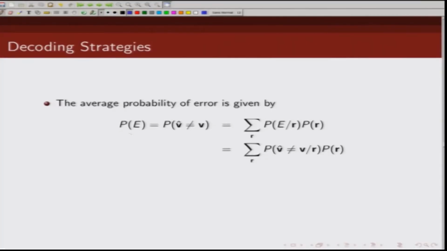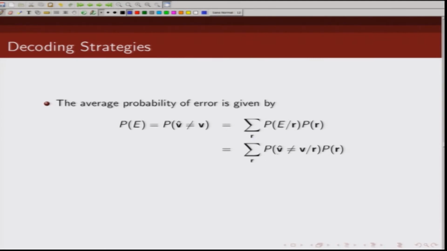Now, when does an error occur? When my decoded sequence is not the same as my transmitted sequence. So, my probability of error is given by the probability that my estimated sequence, which I denote by V hat, is not the same as V. This can be written as the probability of error given R, multiplied by the probability of the receive sequence R, summed over all possible receive sequences.